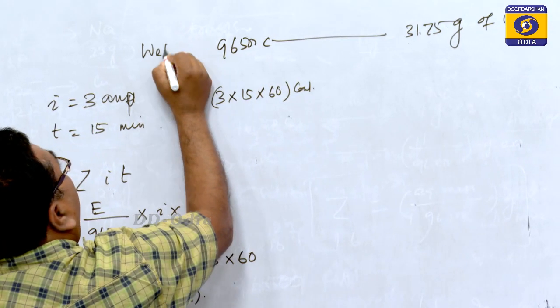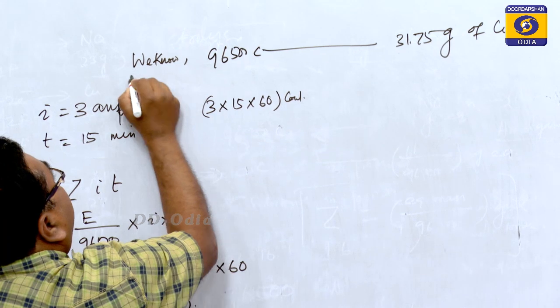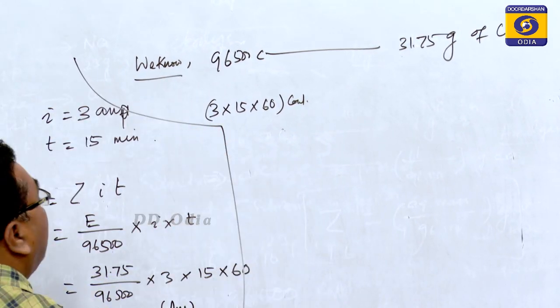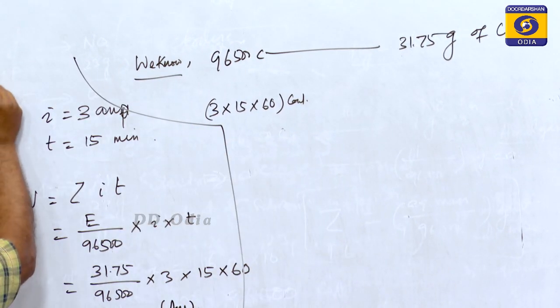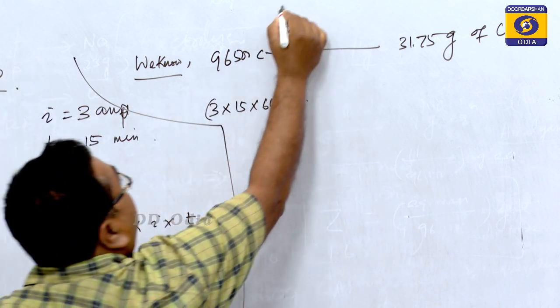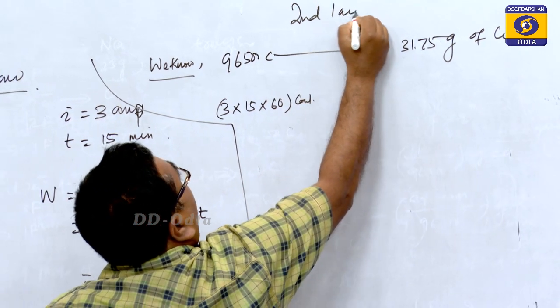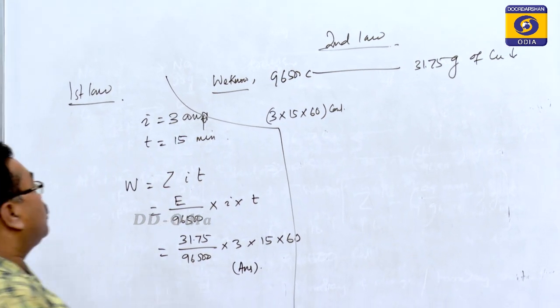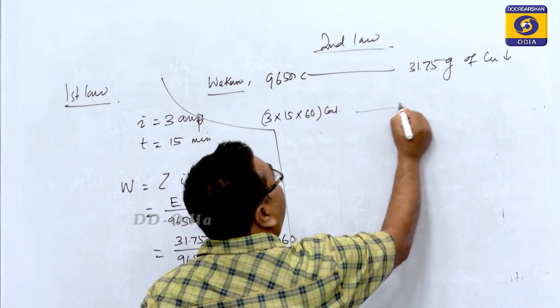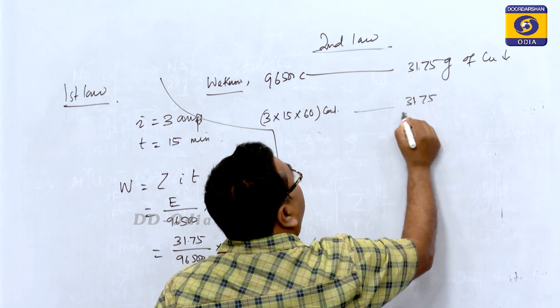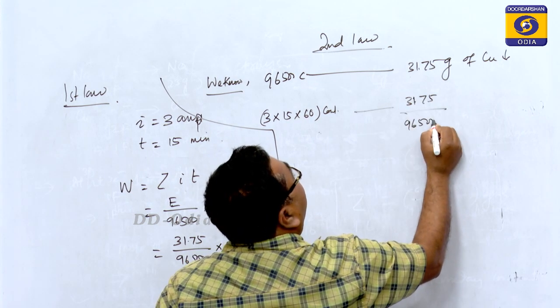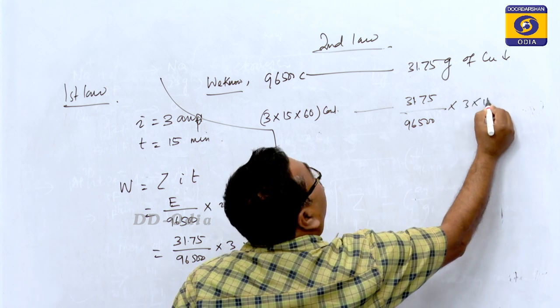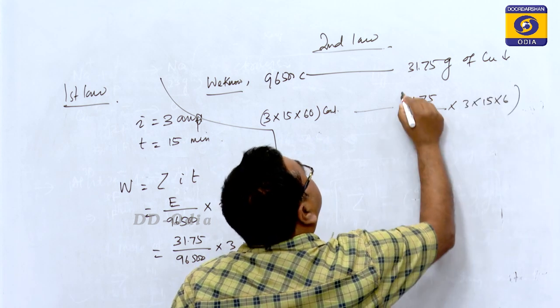The earlier part was directly from the first law, and this is from using the second law. 96,500 coulomb produce 31.75 gram copper. So, this amount of charge will produce how much? 31.75 divided by 96,500 into 3 into 15 into 60 gram.